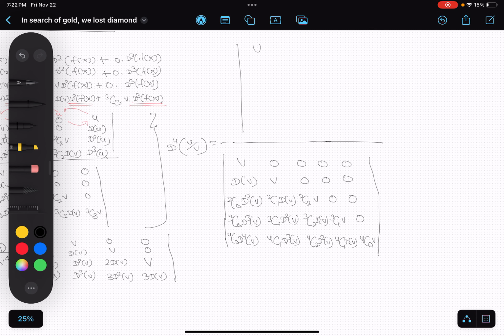So b, dv, 2c0 d square b, 3c0 d cube b, 4c0 d to the power 4 b, and then 0, v, 2c1 d of b, 3c1 d square b, 4c1 d cube b, 0, 0, 2c2 b, 3c2 d of b, 4c2 d square b.